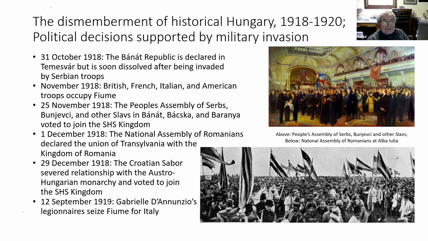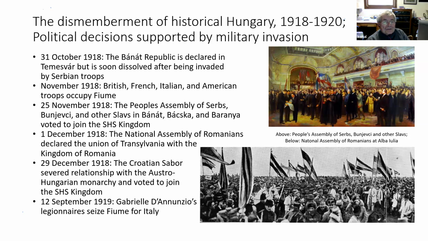The Serbs declared independence in the Banat, Bačka, and Baranja region to join the SHS kingdom. The Romanians on December 1st, 1918, had a major gathering at Alba Iulia to declare the Union of Transylvania with Romania, the Kingdom of Romania.